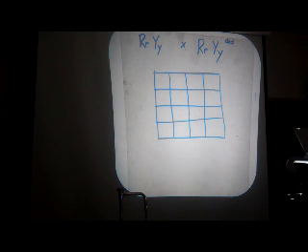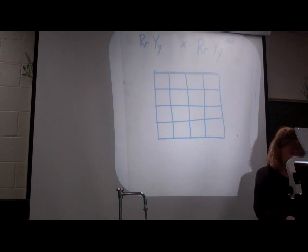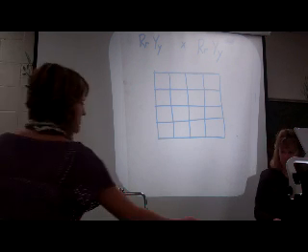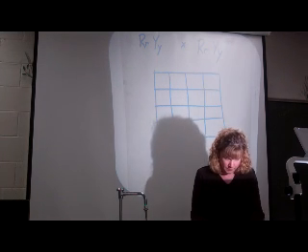So try that. I'm not even going to give you the answer, but I am going to sneak around the room and see what you're doing. Did you need that one? Okay.